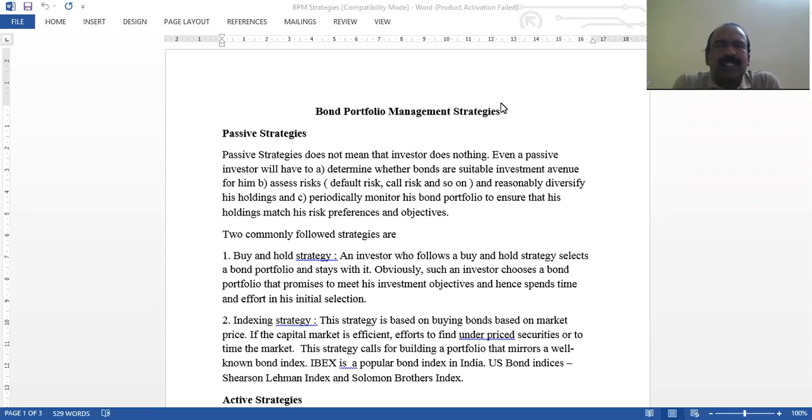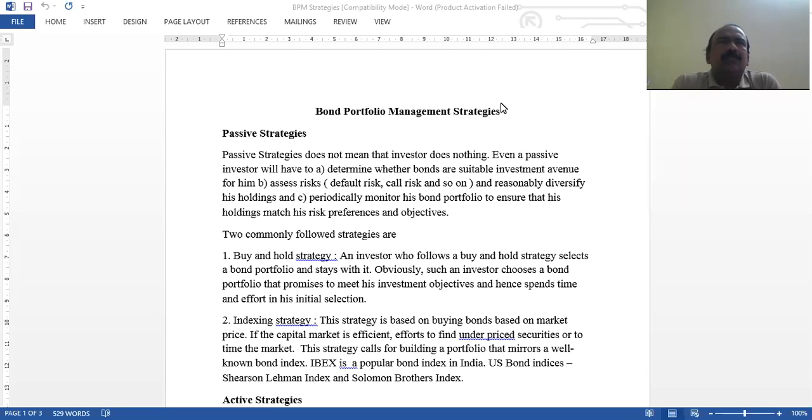So he has to buy the bond and hold the bond to match his return, by assessing his risk. Another strategy that he can follow is the indexing strategy. That is based on market index movement.